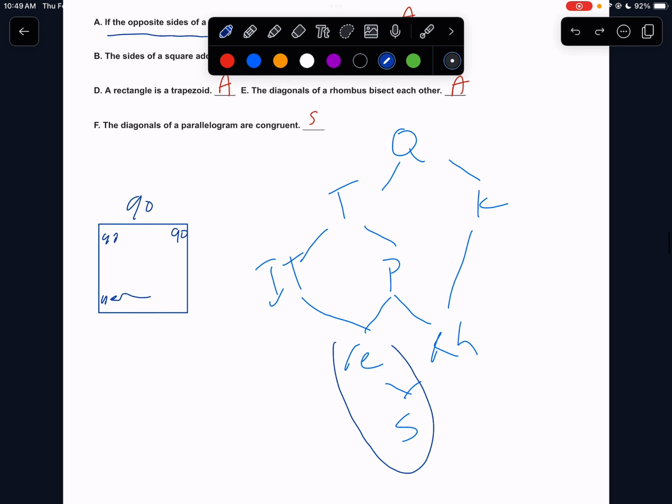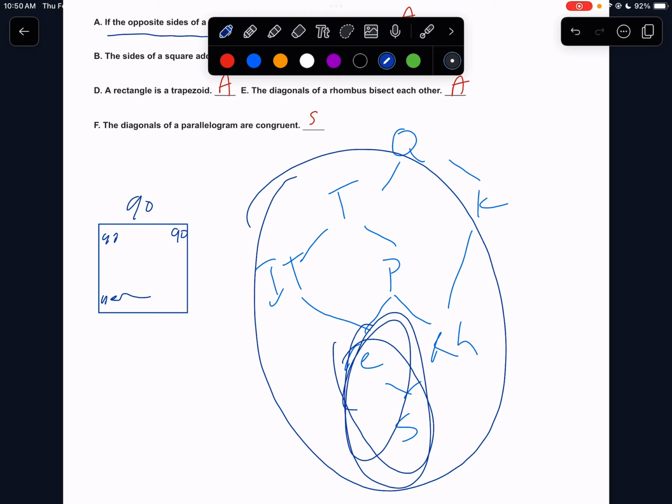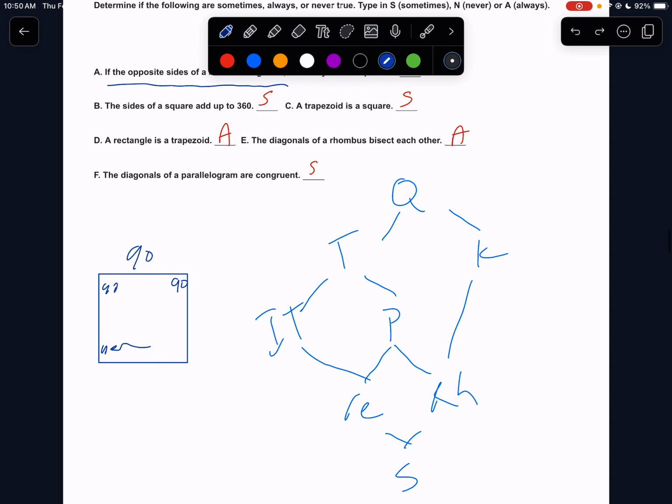A rectangle is a trapezoid. So here are my rectangles. Here are my trapezoids. We're focusing on the rectangles. Are those all trapezoids or just some of them? Well, all of them are trapezoids. A rectangle is a trapezoid and a square is a trapezoid. So everything that classifies as a rectangle also classifies as a trapezoid. Always. The diagonals of a rhombus bisect each other. Diagonals bisecting each other is a parallelogram property.